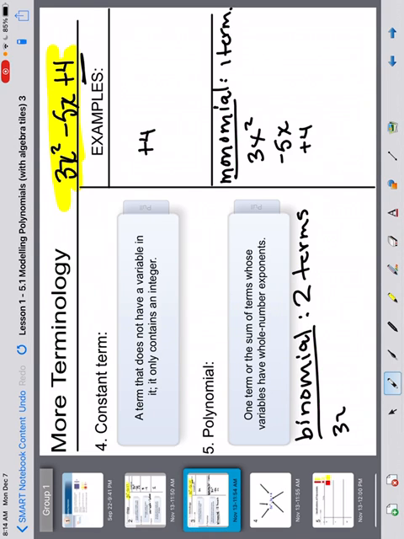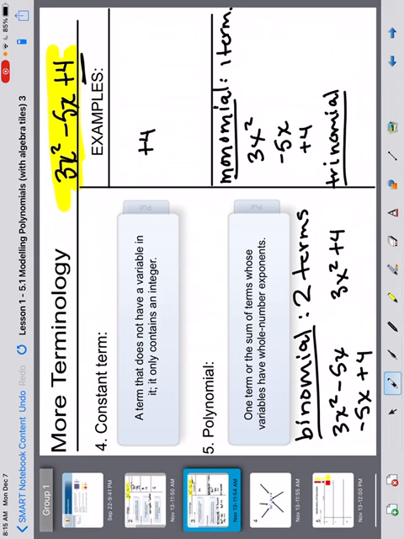So we could have 3x² − 5x, or −5x + 4, or 3x² + 4, but only two terms. And a trinomial would be three terms. So 3x² − 5x + 4 would be a trinomial.